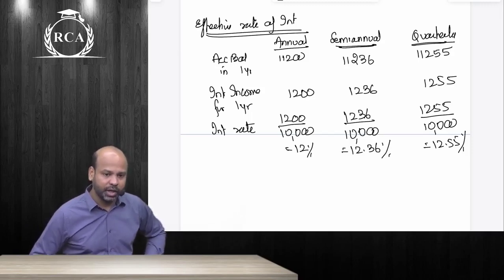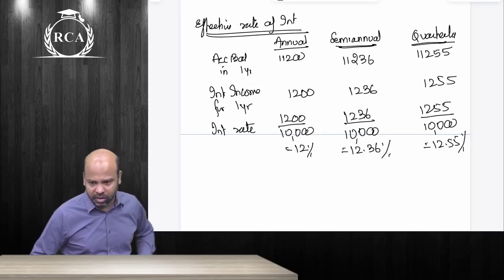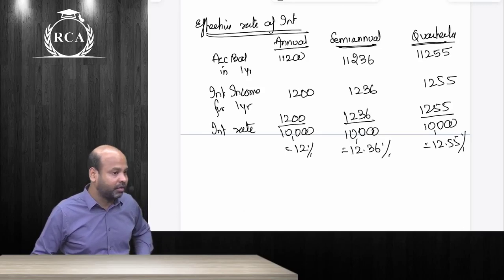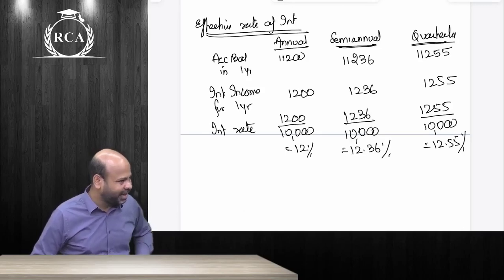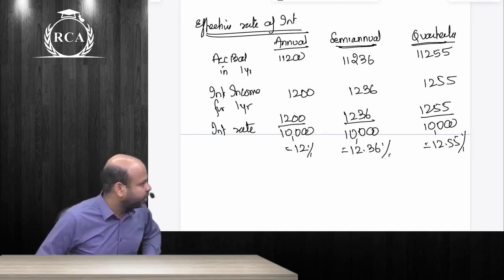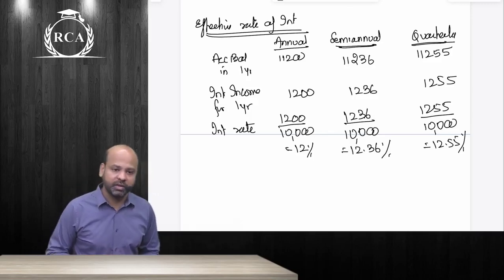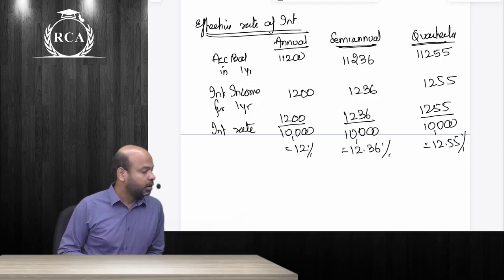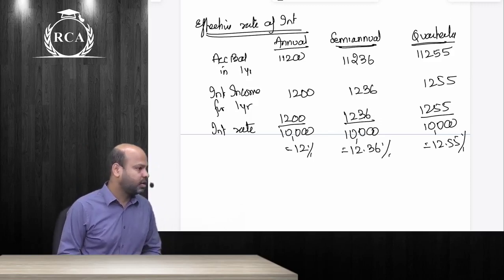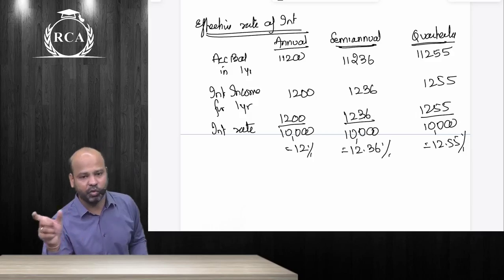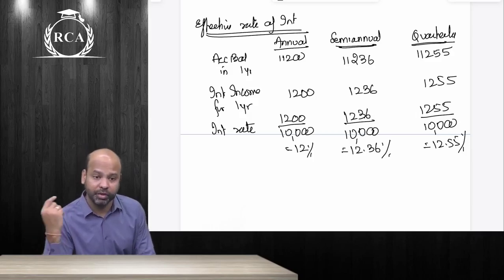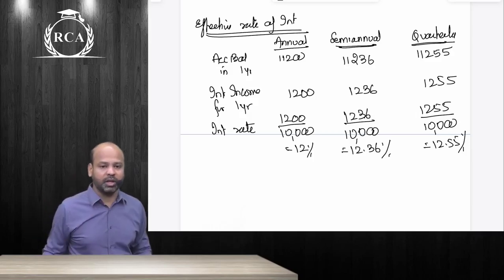If I give you 1% every month, you are not making 12% in a year. If you are able to reinvest that money, you will effectively get 12.55% if you are doing it quarterly. If you are doing it on a half yearly basis, you're effectively making 12.36%. Though the stated interest rate is 12%, your effective yield is more.